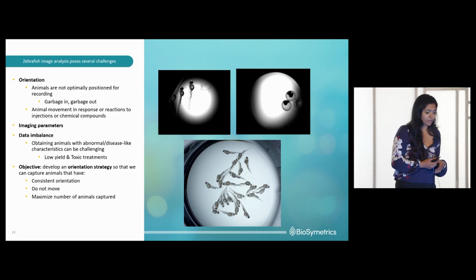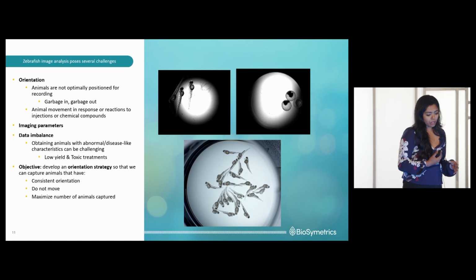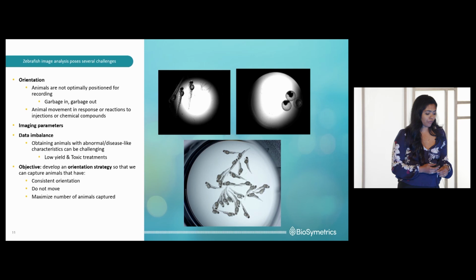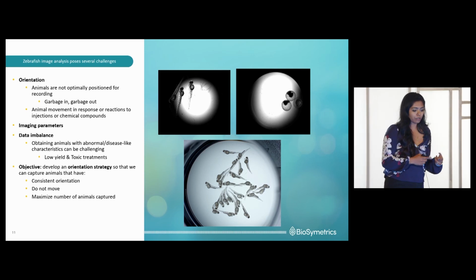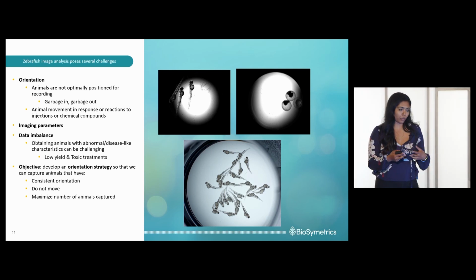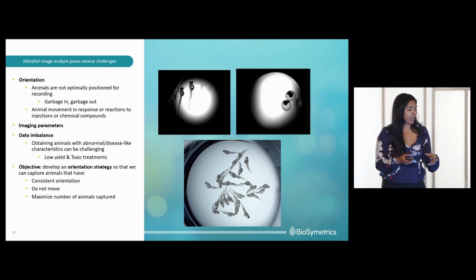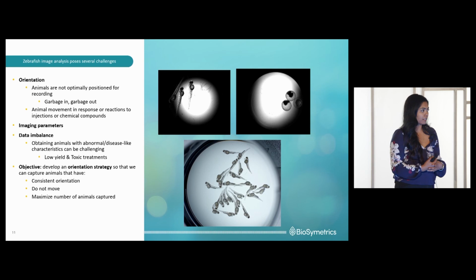So the overall objective of the first step was to develop an orientation strategy so that we can capture animals that have consistent orientations and do not move for the most part, so no sporadic movements. And then the number of animals within a single well should be maximized.